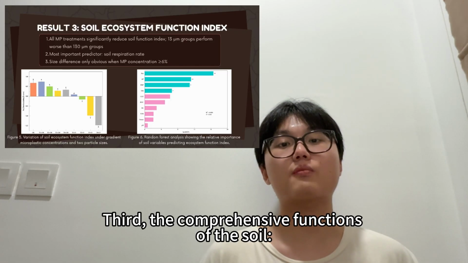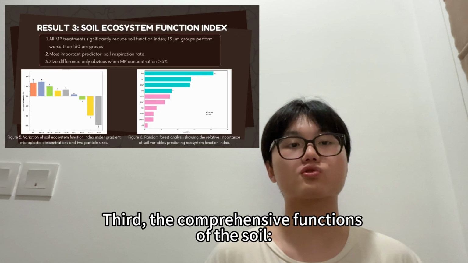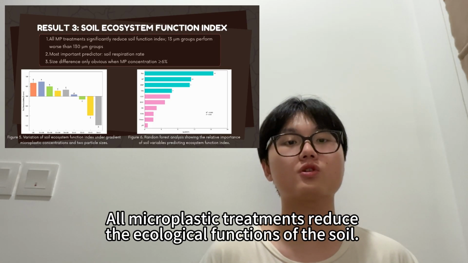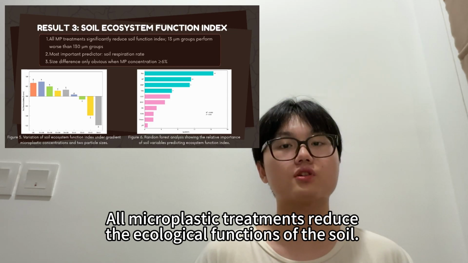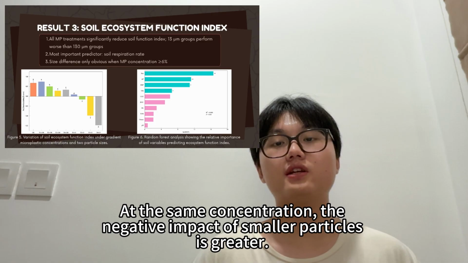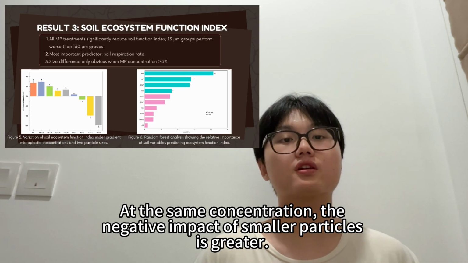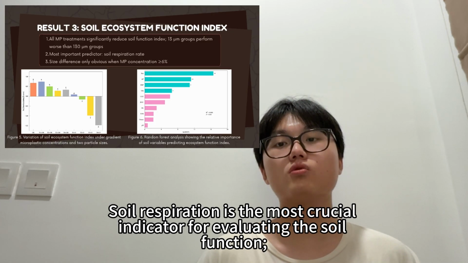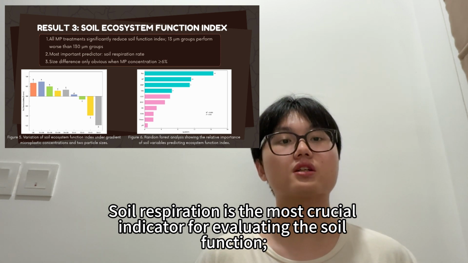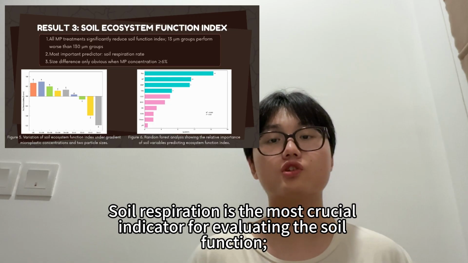Third, the comprehensive functions of the soil. All microplastic treatments reduce the ecological function of the soil. At the same concentration, the negative impact of smaller particles is greater. Soil respiration is the most crucial indicator for evaluating the soil function.